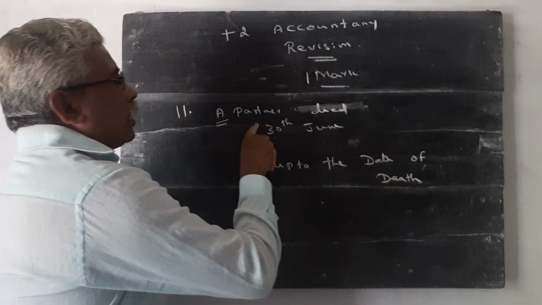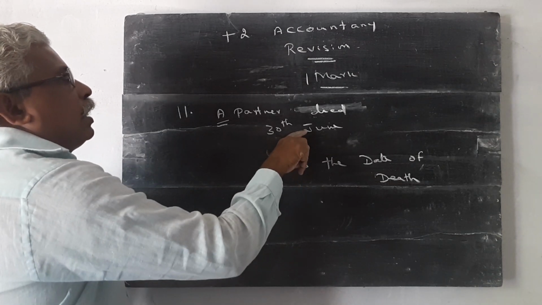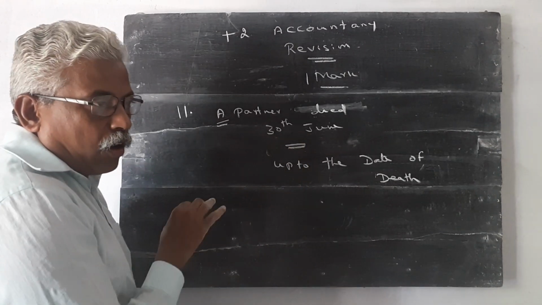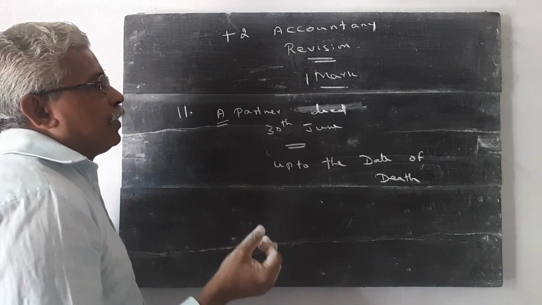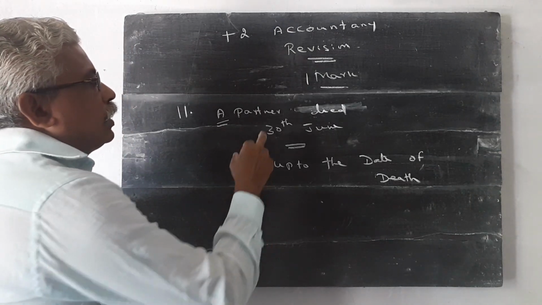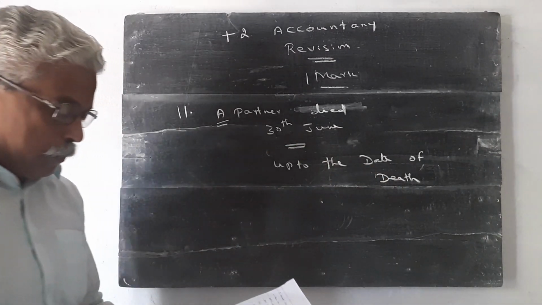Up to the date of retirement or up to the date of death. Normally, the partner retires on the last date of the year, but the date of death you are not able to calculate, so he is liable up to the date of death is the answer.